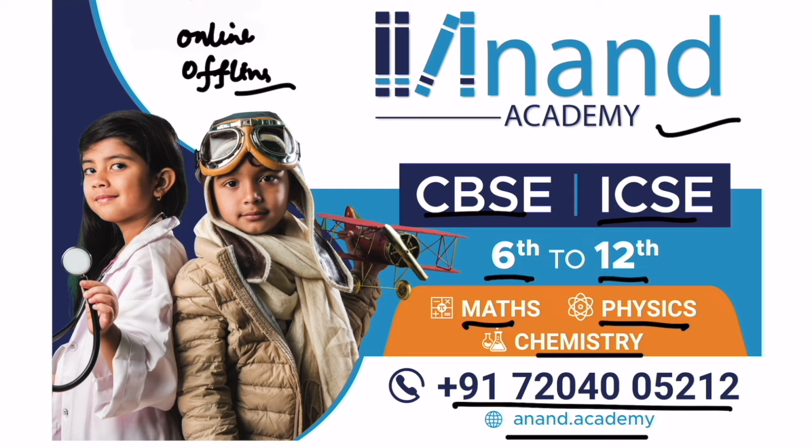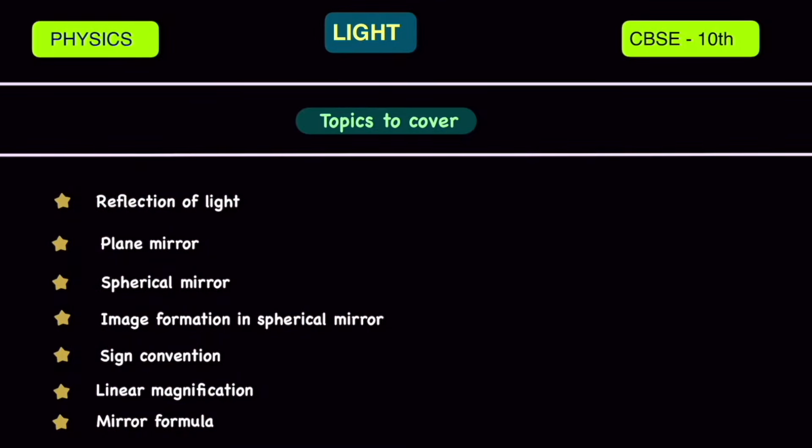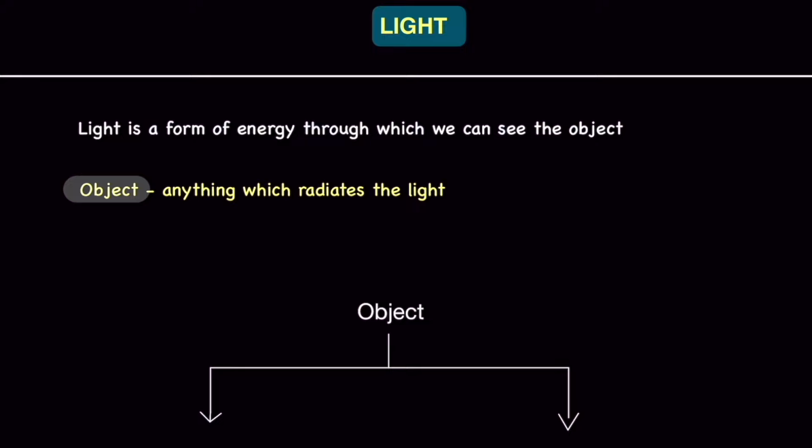Before we start reflection of light, we first see the introduction of this chapter. In the introduction, first we will know the definition of light. Light is a form of energy through which we can see the object. Any object around us we can see through the eye.